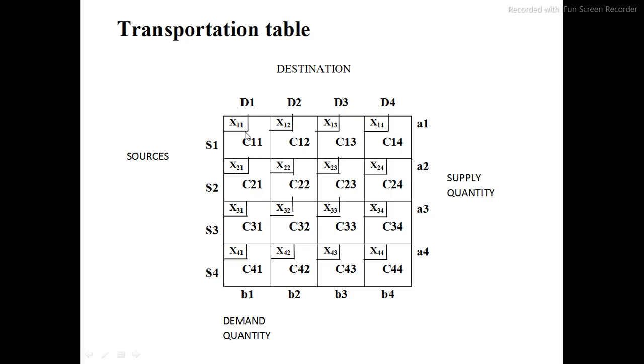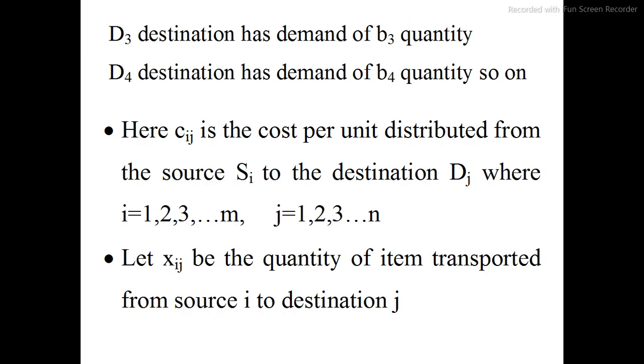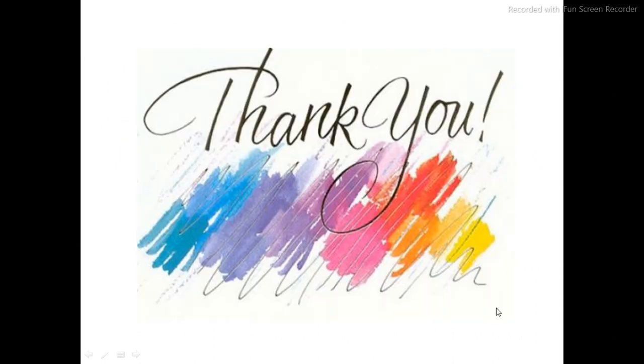This is the way to write the transportation table. So at the end, Xij is the quantity that we are going to supply. Okay friends, thank you.